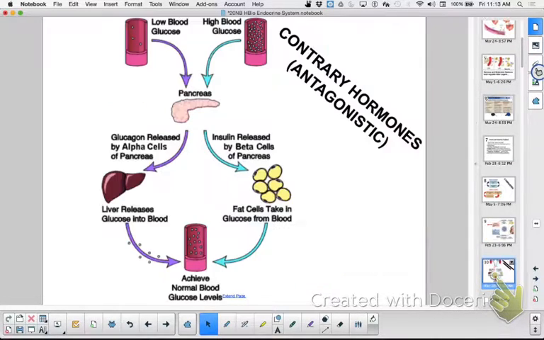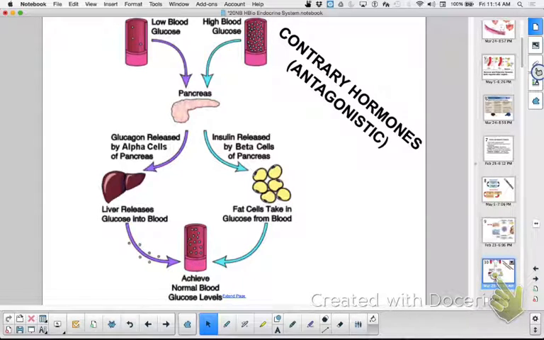Another way it can be controlled is through antagonistic hormones. And that is exactly as it sounds, antagonistic. You already know, what does insulin do to your blood sugar level? Lowers it. Glucagon will raise it. You learned in your Edpuzzle last night that calcitonin from your thyroid gland lowers blood calcium levels. I always remember it because calcitone it down.